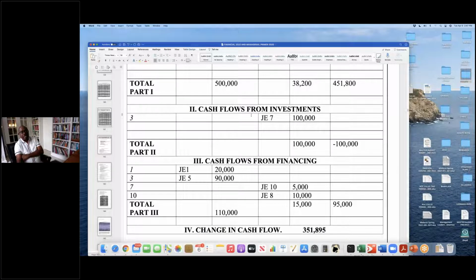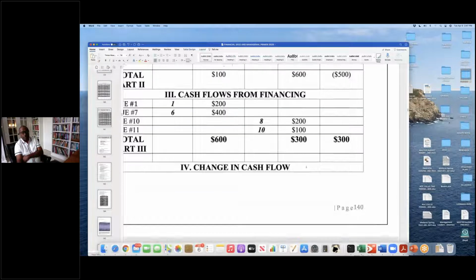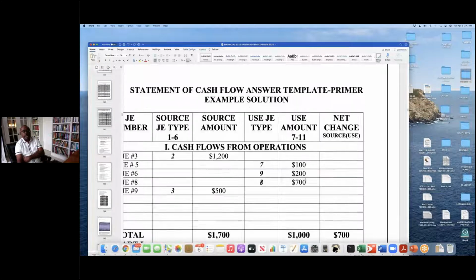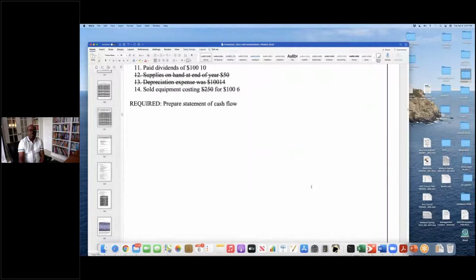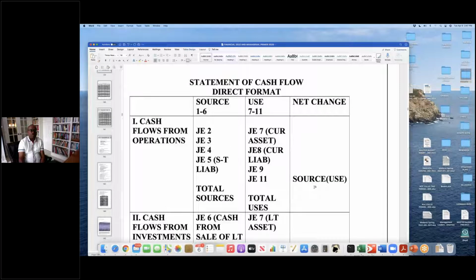So these are long-term assets. Okay. And also, it's in the chart that you showed us at the beginning. It actually tells you which type of entry goes where. It even tells you which side it goes on. Well, we always know 1 through 6 is on the source side. 7 through 11 is on the use side.